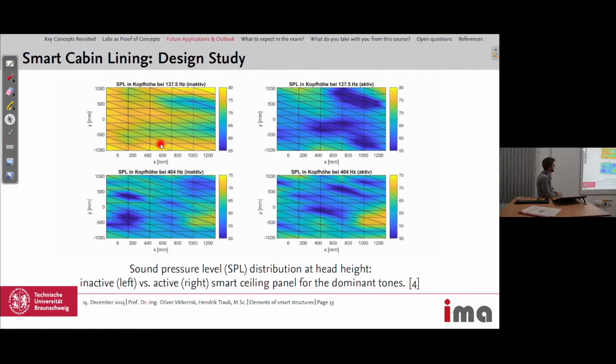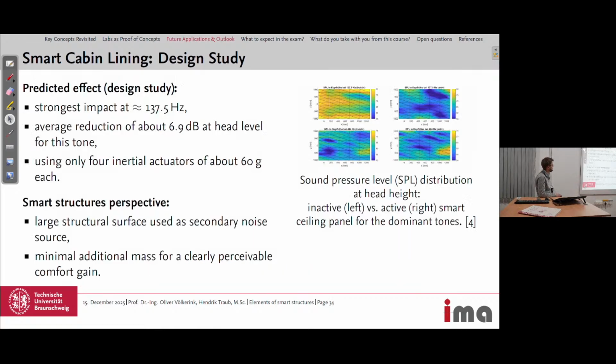So most of the area is between 75 and 80, and with the system activated, nearly all of this plane goes down to 55 as a sound pressure level. And in the study also 404 Hertz, so the higher frequency, was included. And here you can see already in the simulations that for this it didn't work that well, so there's not much of a difference between the two sound pressure levels measured at head height.